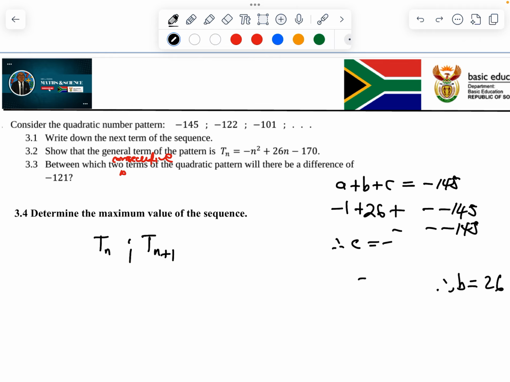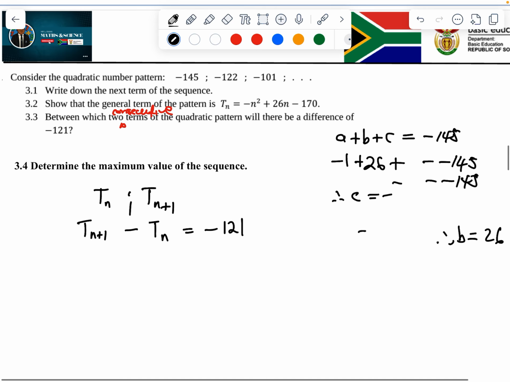So we'll say Tn plus 1 minus Tn is equal to minus 121, right? Remember, we are trying to find out between which two terms I am going to subtract those terms and get negative 121, right?